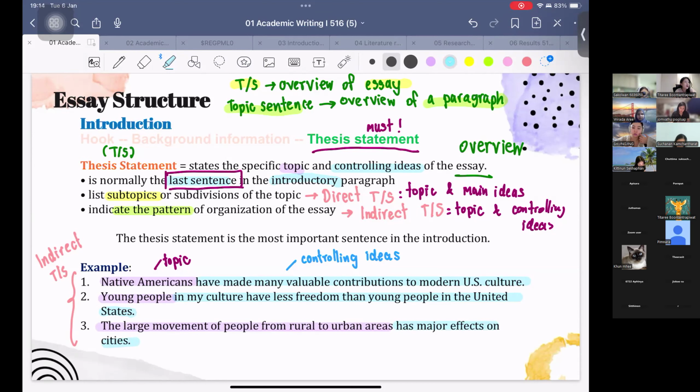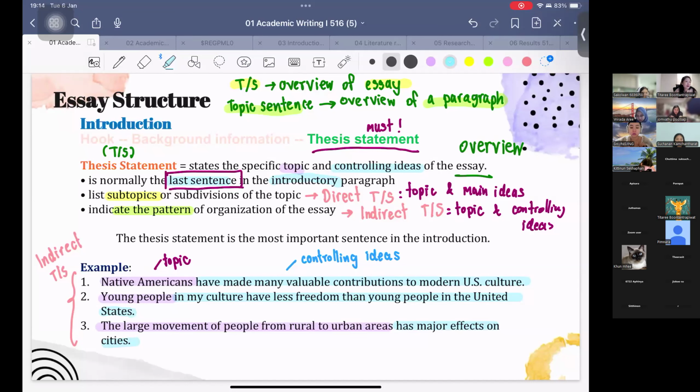So yes, it looks like a topic sentence, but this is going to be the details for the whole essay. If you see this, you can somehow expect what the body paragraph would talk about.